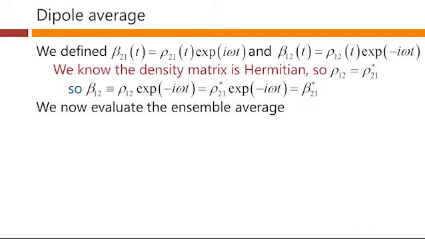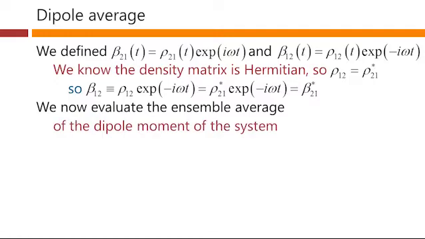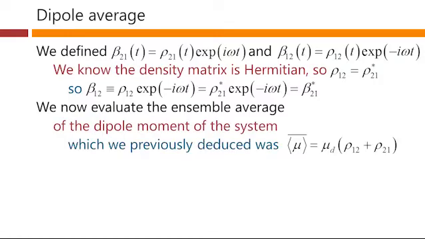Now we can evaluate the ensemble average of the dipole moment of the system. We previously deduced that this would be the dipole element here times rho 12 plus rho 21.